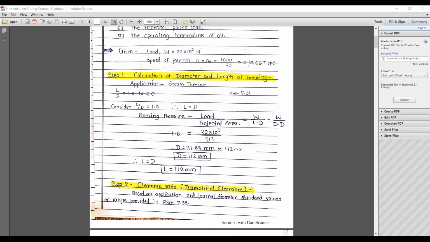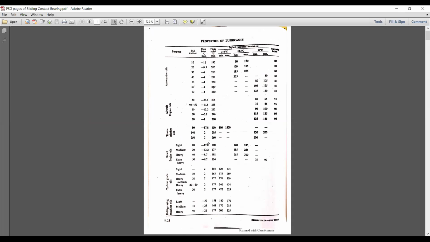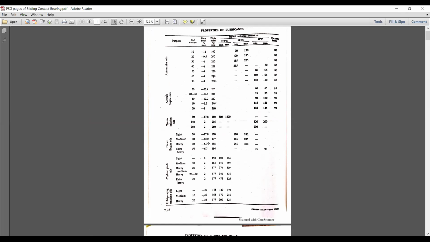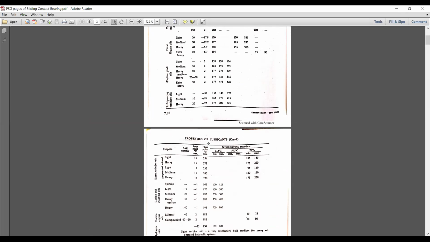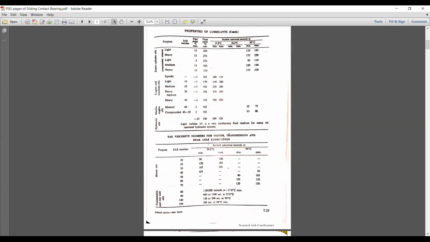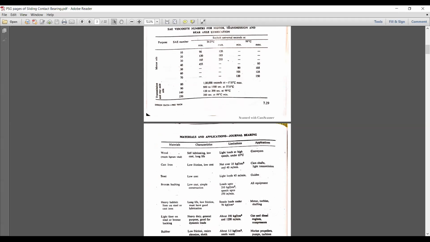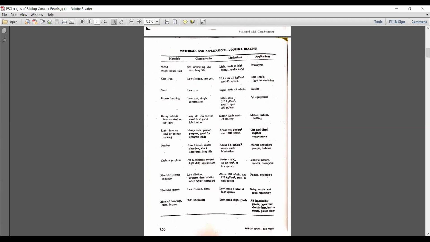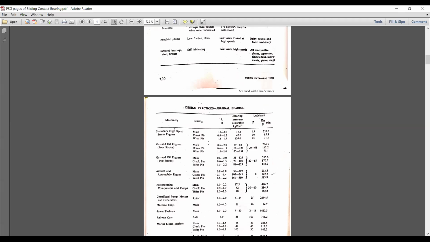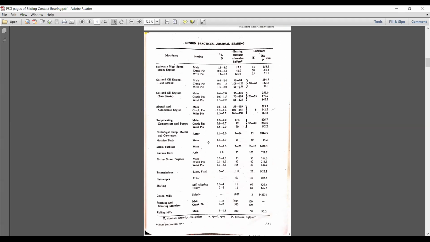You can use the PSG, start with 7.28 where properties of lubrication are given based on the application. Then materials for journal bearing, which are also classified with the character, limitation and application. Then the design parameters.